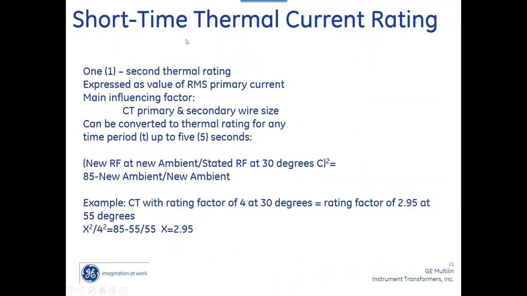Okay, let's talk about short time thermal current ratings, because a lot of times you may have to overload that CT, or you have temperature you need to look at. So here's a formula where I can take a CT with a rating factor of 4 at 30 degrees, but I'm going to operate it at 55 degrees. Using this formula, it actually derates to 2.95, or approximately 3 times. So that's something you can be aware of.